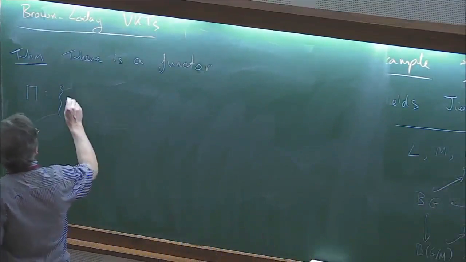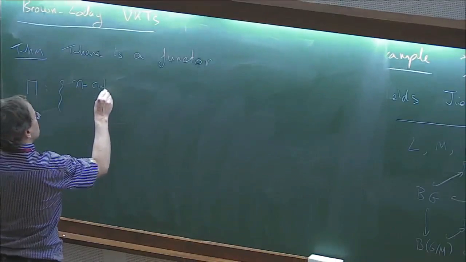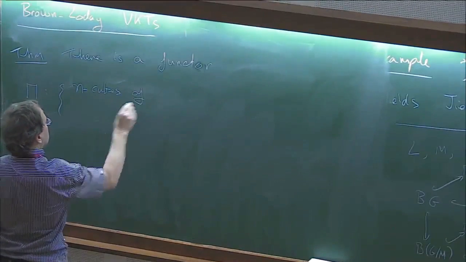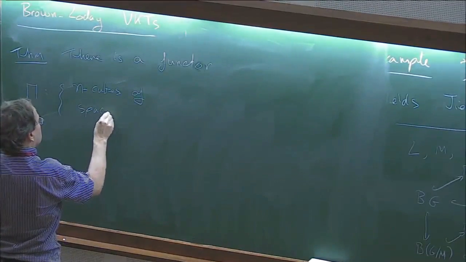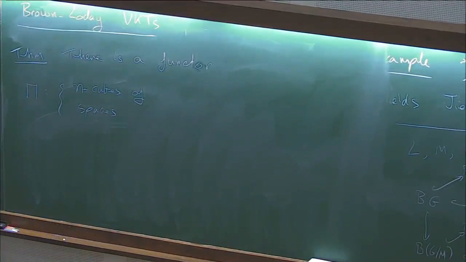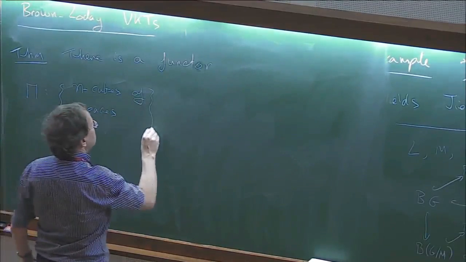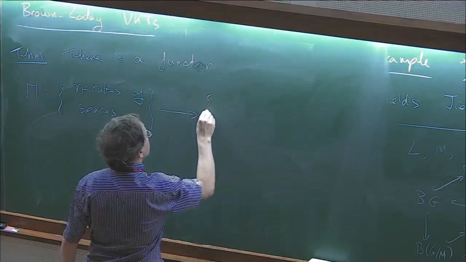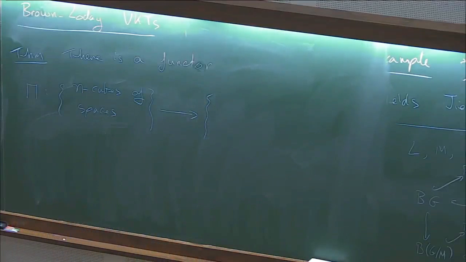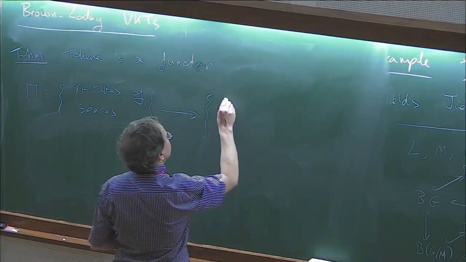It goes from n cubes of spaces and it ends up in algebra. And the algebraic category is the category of groups endowed with n compatible category structures.